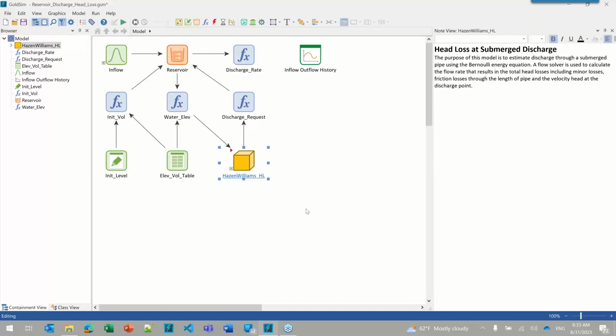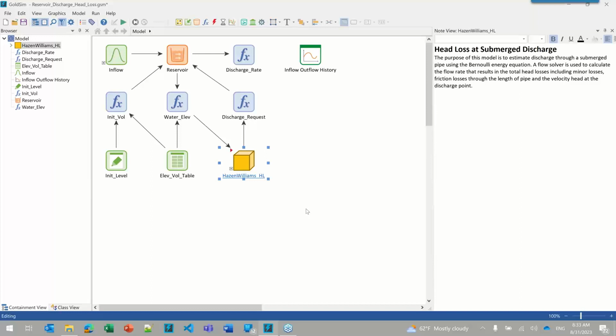I'm using Bernoulli's energy equation to calculate head losses between the reservoir water surface and the tailwater at the downstream end, where the outlet of the dam discharges into whatever downstream water body we're discharging to. So that would be like a downstream river or inlet box or something like that where water is discharging to.